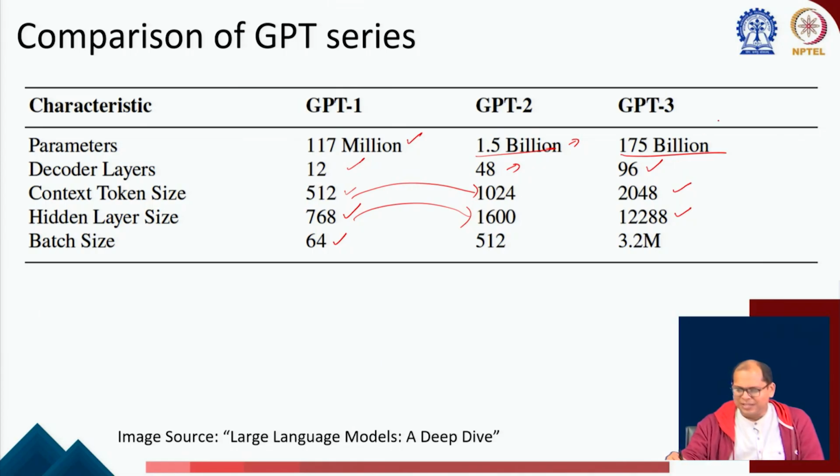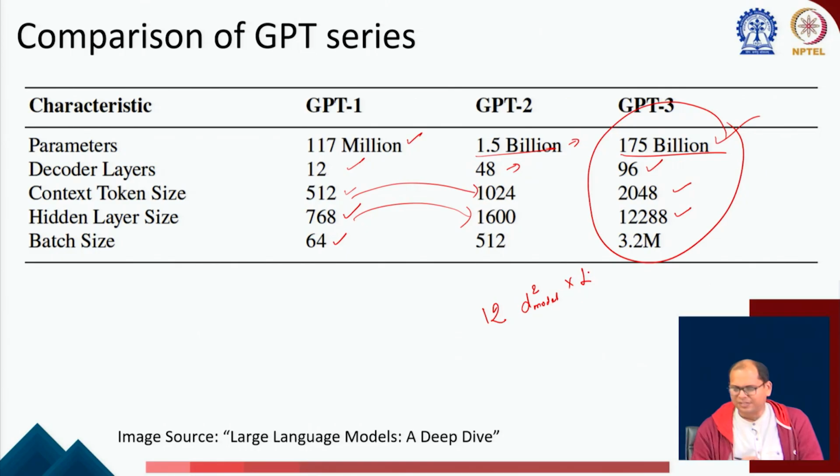And actually if you try, you can get this number of parameters using our formula. Remember our formula: 12 times the model dimension squared times the number of layers. The number of layers is 96 and the dimension is 12,288.